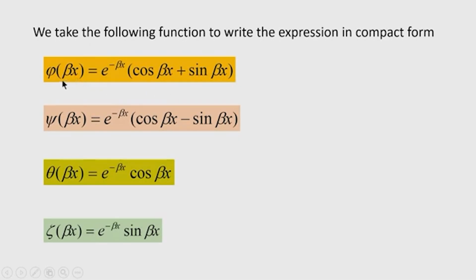Here you can see I have written 4 functions: phi beta x equal to e to the power minus beta x into cos beta x plus sine beta x, xi beta x equal to e to the power minus beta x into cos beta x minus sine beta x, etc. Here we have used only these 2 functions, theta beta x and xi beta x.